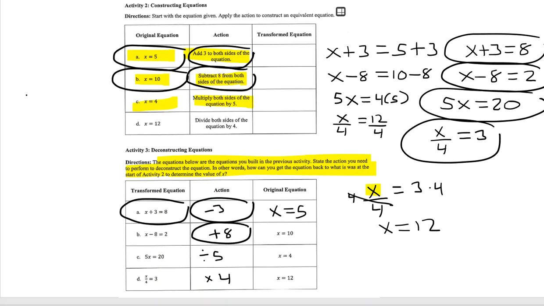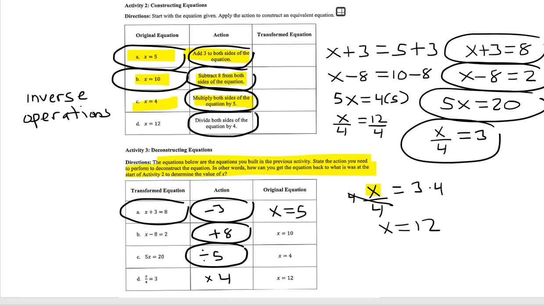That's because addition and subtraction are inverse operations. So they are operations that will undo each other. If we had a multiplication, the way that we got rid of that was by using division. And if we had a division, the way that we got rid of that was by using multiplication. And that's because multiplication and division are inverse operations.